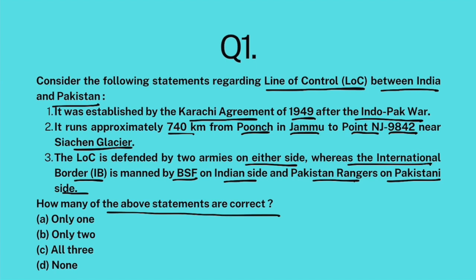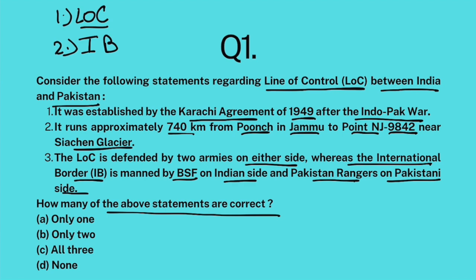Now look, India shares two types of boundaries with Pakistan. Number one is line of control. Number two is international border. Now, line of control is basically a military border. It's not an internationally recognized border. The reason is that India considers POK to be a part of its own territory.